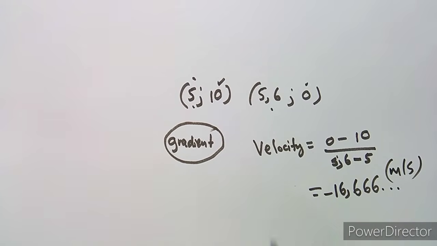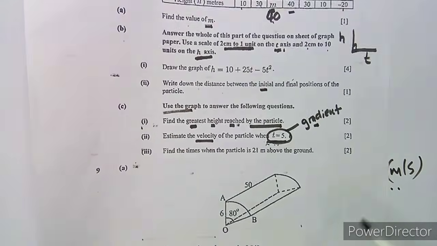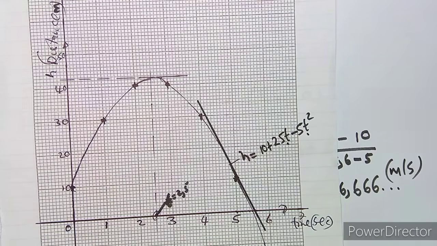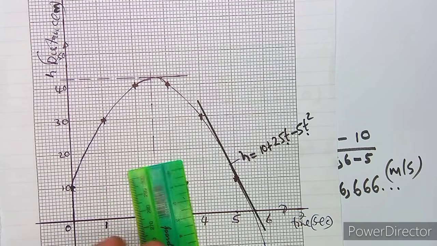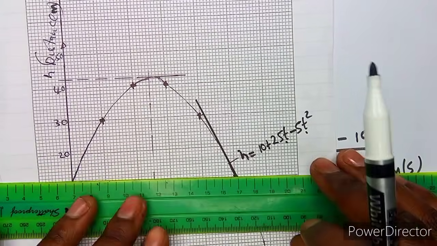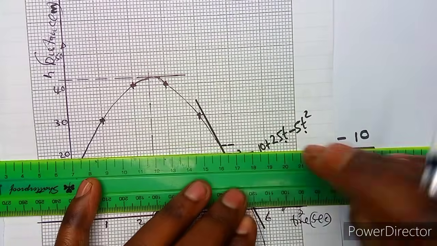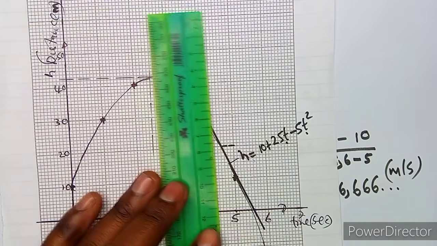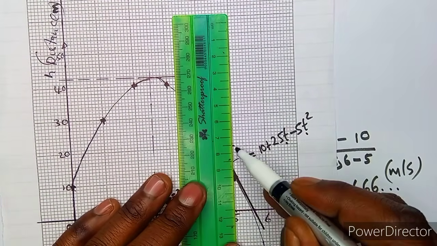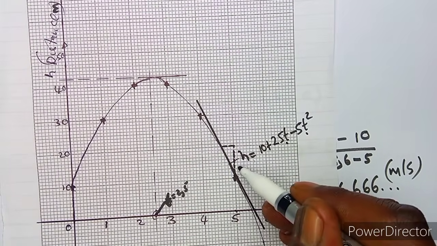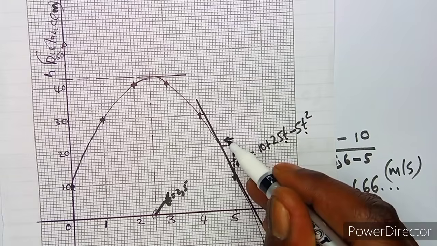But the idea is this: you have to calculate the gradient, or you can use this concept, increase in y over increase in x. So what you simply do is draw a smaller right angled triangle, just like this. Then you do the increase in y over the increase in x.